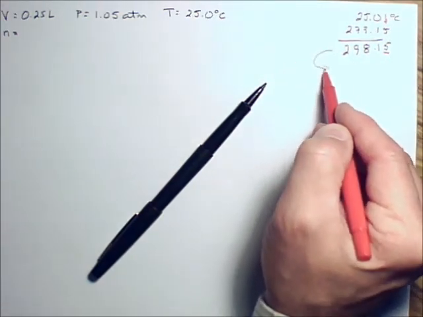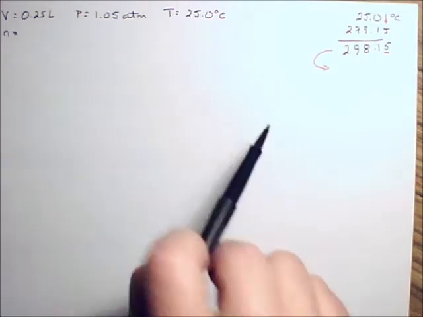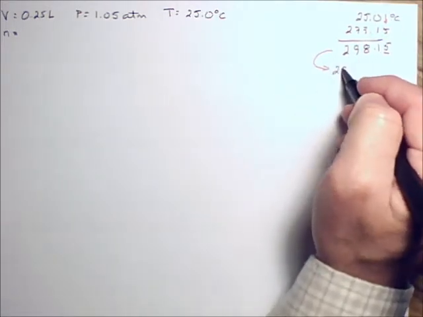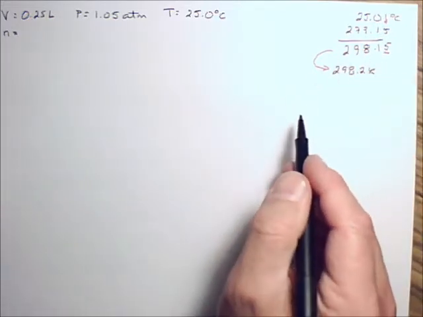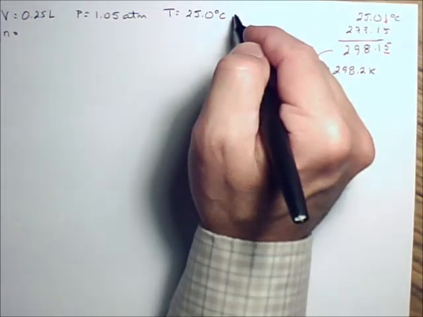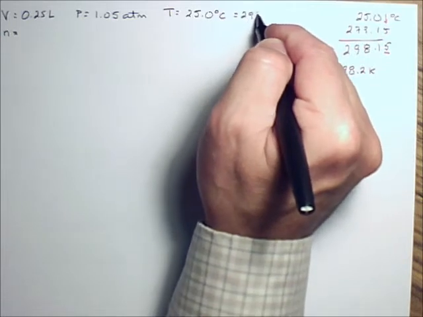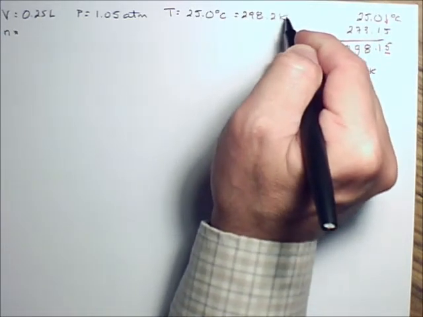We draw an arrow to show the rounding, and we round it off to 298.2 K. That's the temperature we're going to use.